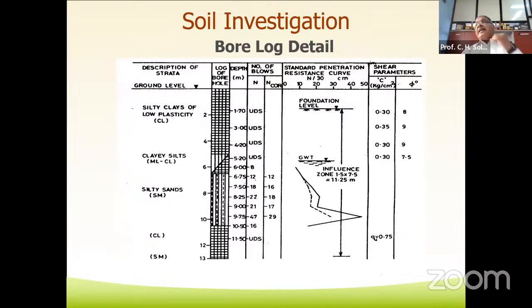The least lateral dimension of the foundation is 7.5 meter. Hence, the influence zone, or the depth up to which the exploration has to be made, is 11.25 meter, which is 1.5 times 7.5. Adding the foundation depth of 1.5 meter, the total depth of exploration comes out to be around 13 meter.